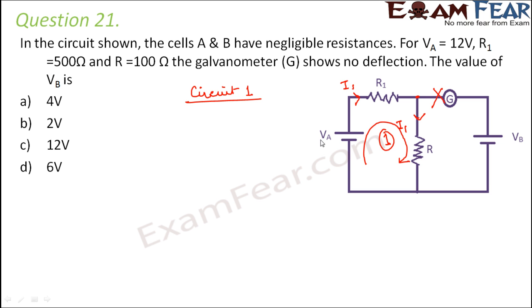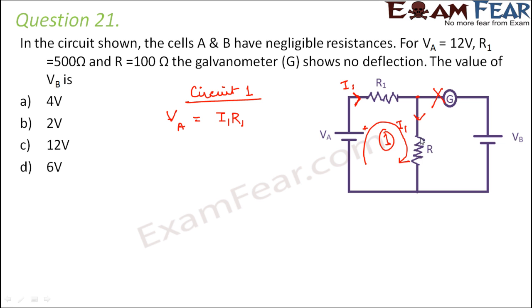So here in terms of EMF, you just have VA. If you look at the assumed direction, it leaves from the positive terminal of the cell. So therefore VA would be positive. So VA is equal to the sum of the products of the currents flowing through the respective resistances. So one such resistance is R1, so it would be I1 R1. Whether it will be plus or minus, you see the assumed direction and the direction of current are the same. So this would be plus.